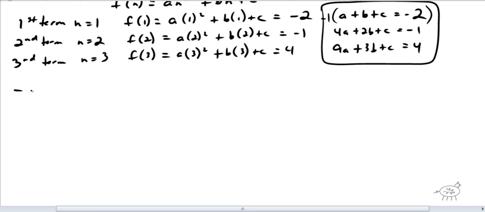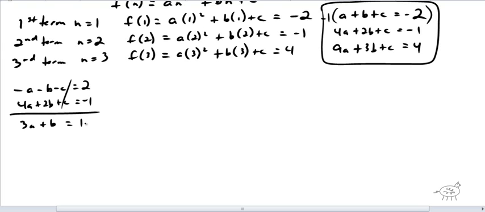So I'm going to try and show my work here. -a minus b minus c equals +2, and 4a plus 2b plus c is equal to -1. And so I get 3a plus b, the c's cancel, equals 1. So that's one equation. And then let's do the first one and the third one.